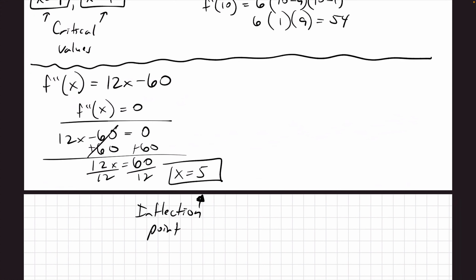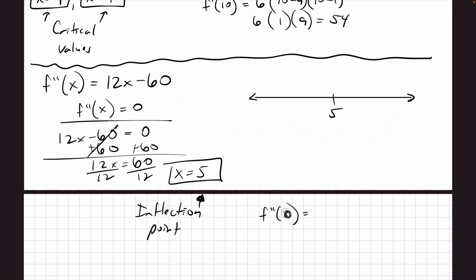We only have the one point, 5. For the second derivative, we want to choose a number less than 5, so 0. Wait, no, I don't want to choose 0. Why not?